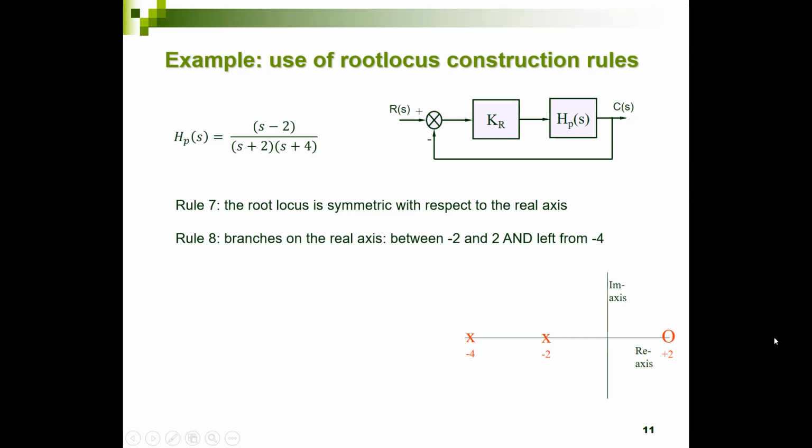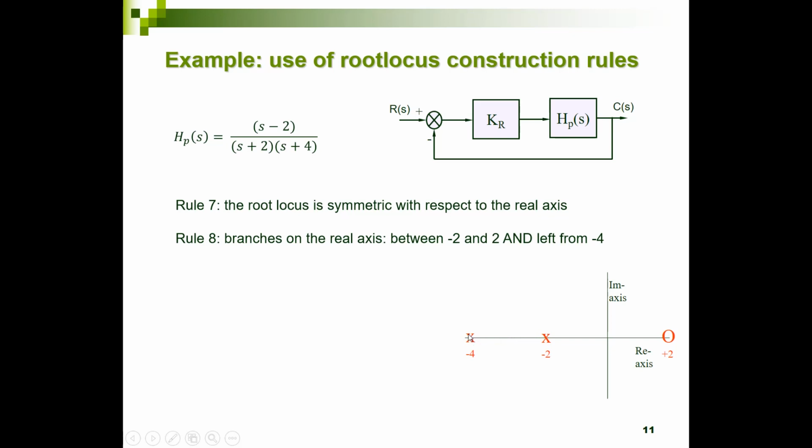We start off over here at the real axis, and over here we see a zero. So the total number of zeros and poles at this point is 1, and 1 is an odd number, so this part of the real axis belongs to the root locus. At this point we see a pole, so the total number of poles and zeros is at this point 2, which is not odd, so this part of the real axis does not belong to the root locus.